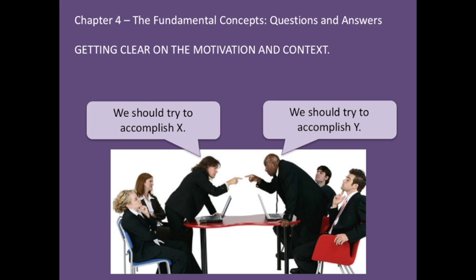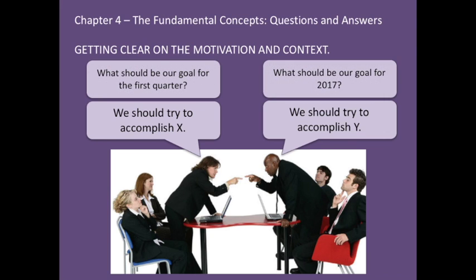Again, if we're talking about goals in a business, and one side says we should try to accomplish X, and the other side says we should try to accomplish Y, these look like conflicting recommendations. And yet, if they're each trying to answer different questions, what should be our goal for the first quarter? What should be our goal for the entire year? We can see how it might turn out they're not disagreeing at all.